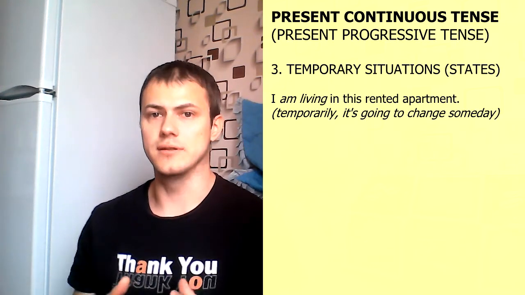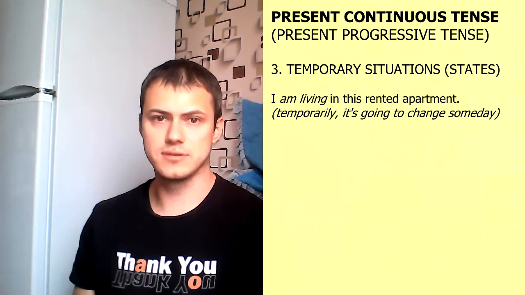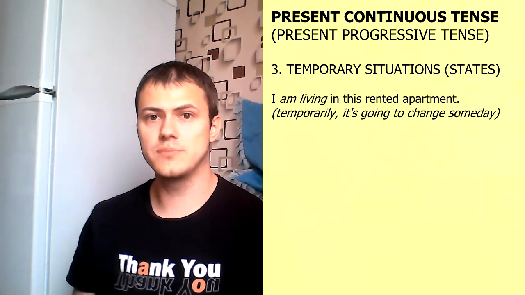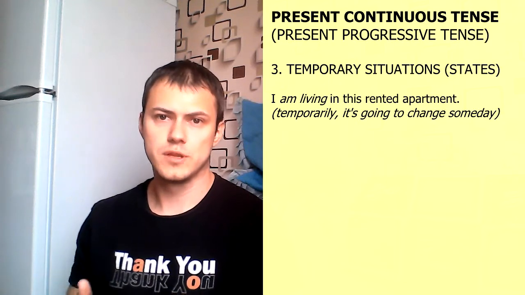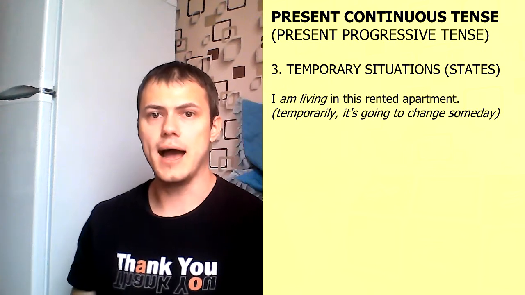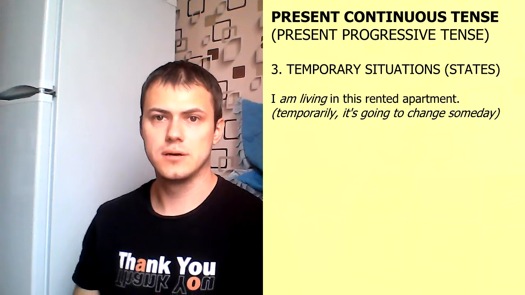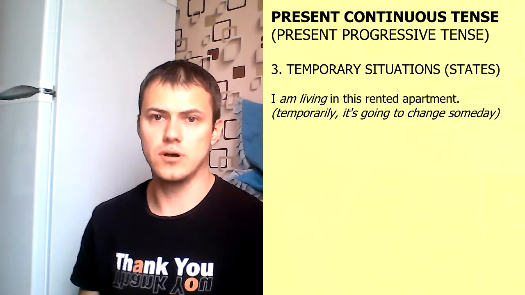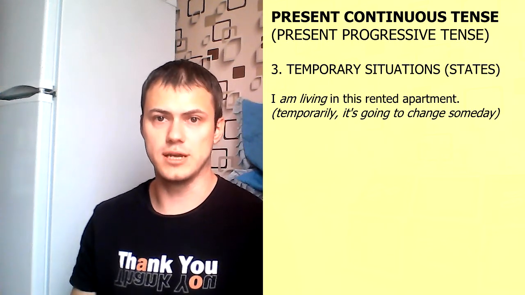I'm living in this apartment maybe for 1 month, and I'm going to live in this apartment maybe for 2 or 3 months, and then I'm going to leave this apartment and move to another apartment or another house. So this is a temporary situation.